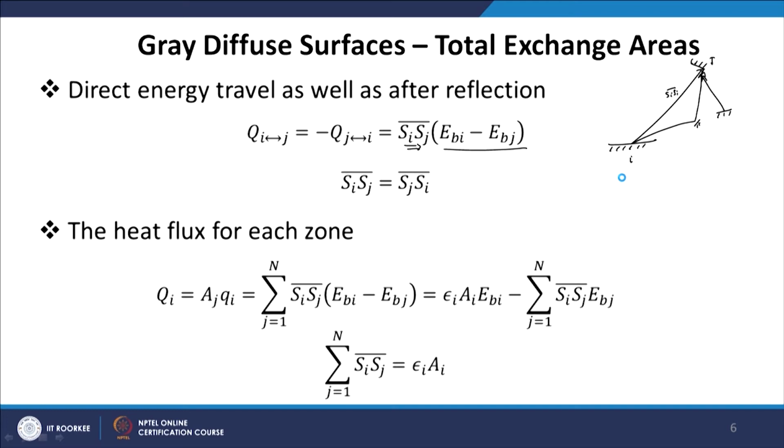Suppose the direct exchange area is not changing. In many problems you have to solve the problem iteratively. For example, in combustion you are solving a problem iteratively, and there the temperature of the chamber or the domain is changing, but the exchange area is not going to change.